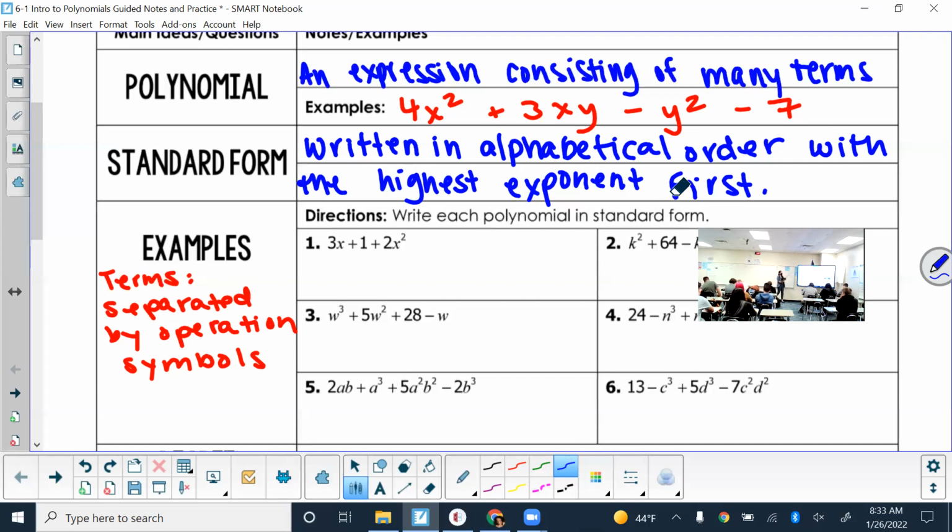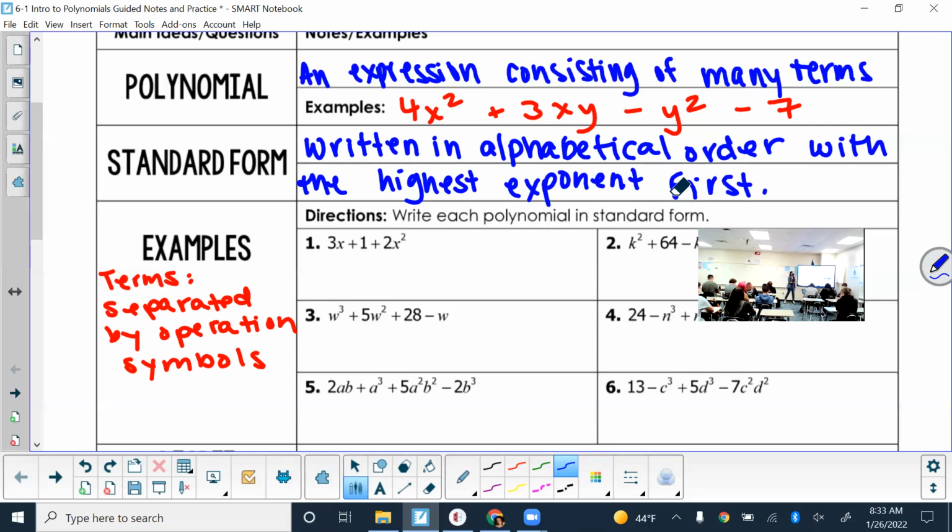Good. So that's what we do with our expressions down here. So if it has just x's and y's in the expression, like in my example up here, I'm going to look at the ones that have x's first. And if there's multiple terms with x's, then I'm going to rank them with their exponent being higher, written first.